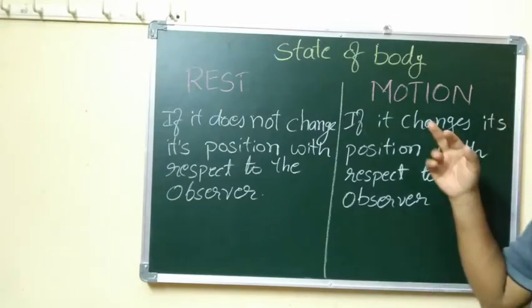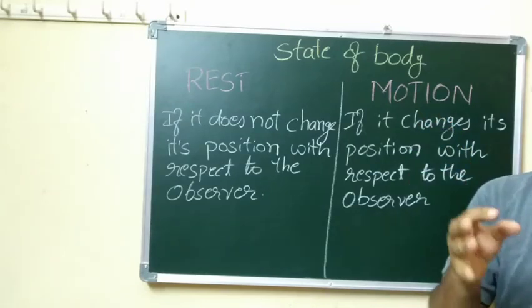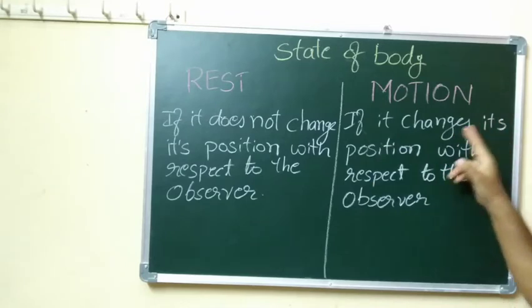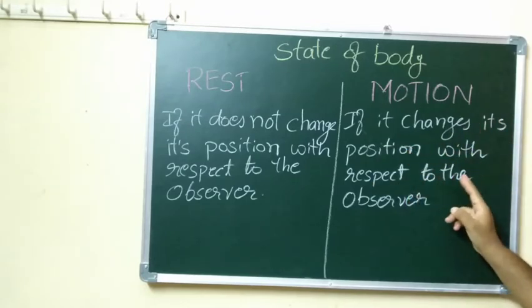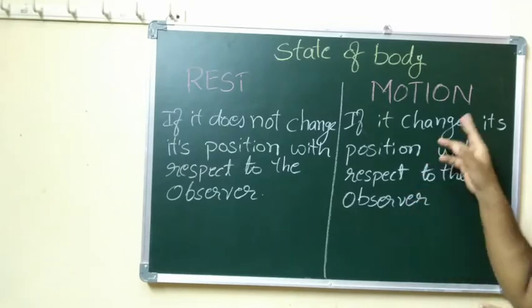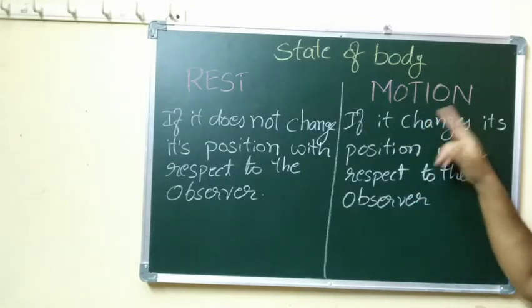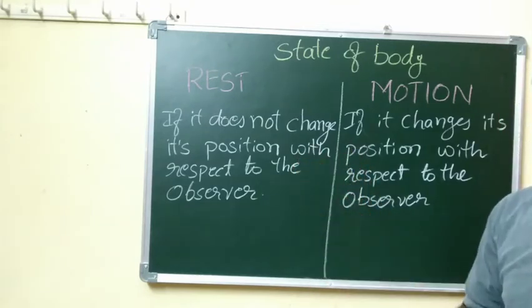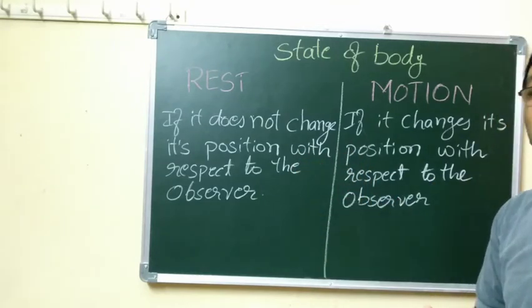Yes. So that is motion. So you can remember the definition very easily. See here: if it changes its position with respect to the observer, that is called motion. If with respect to the observer the position is not changing, then that is called rest.